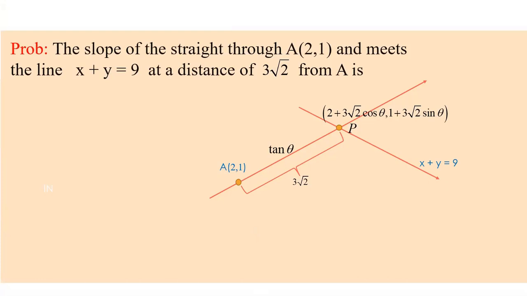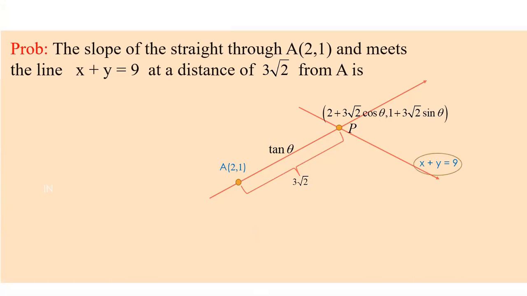Now you observe this point P: we have evaluated the coordinates of the point which is at a distance of 3 root 2 units from point A. But that point is also on the line x plus y is equal to 9.